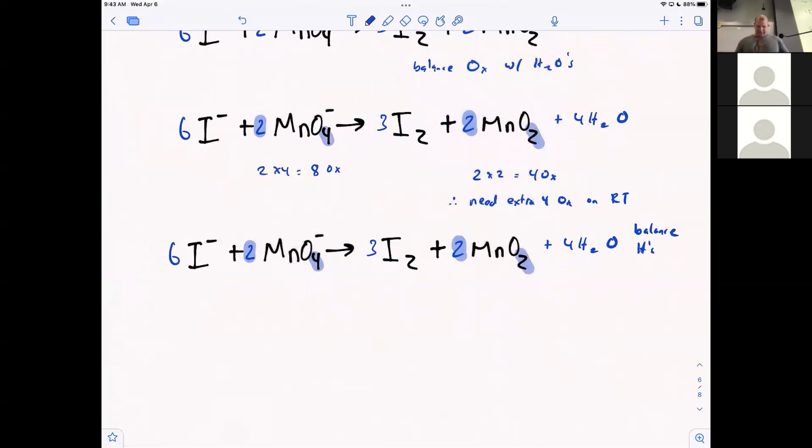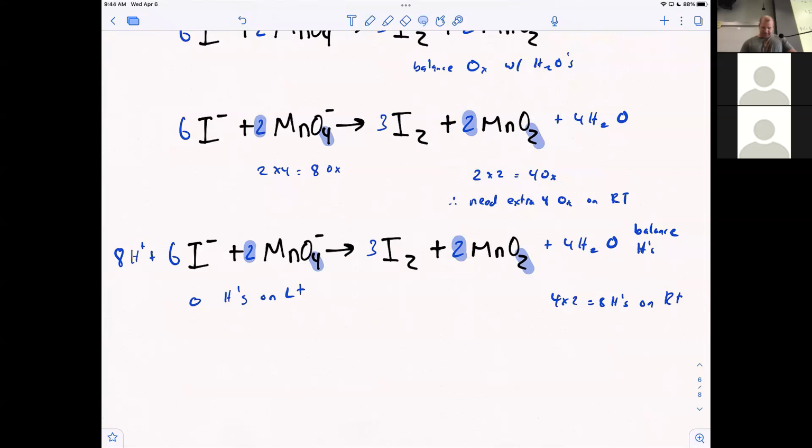For hydrogens, there are 4 times 2 equals 8 hydrogens on the right, and there are 0 hydrogens on the left. So if there are 8 on the right and 0 on the left, we need 8 hydrogens on the left.